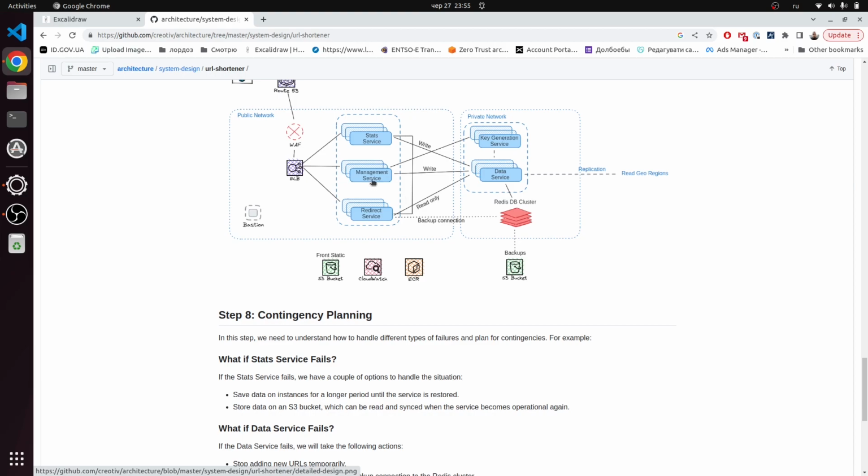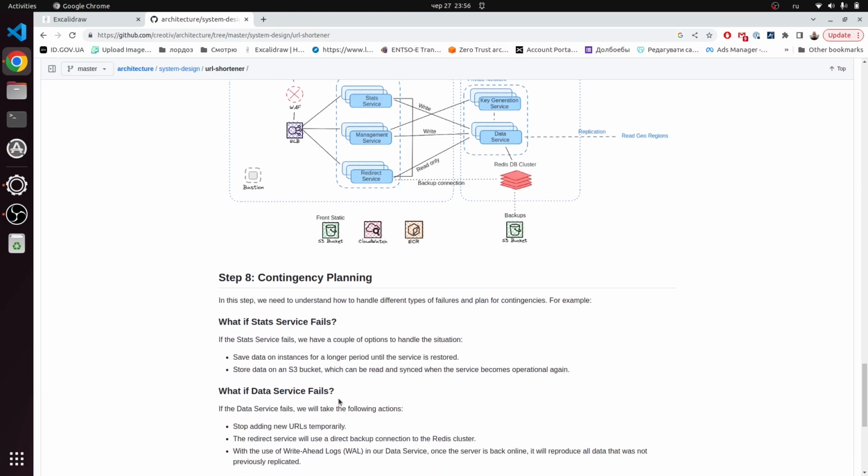Then we can accumulate this data for a longer period of time if memory gives us such a possibility. If not, we may save all this data to the disk or to an S3 bucket, or for example some SQS, and when the stats service comes up, we'll just read all this data with aggregation from those sources and save it to the database, something like that.